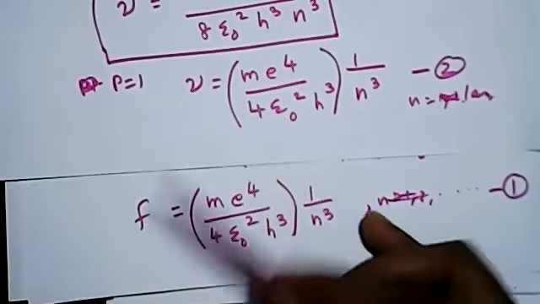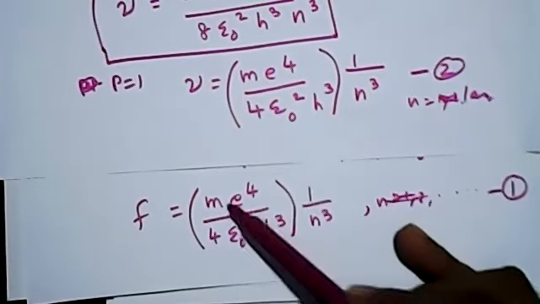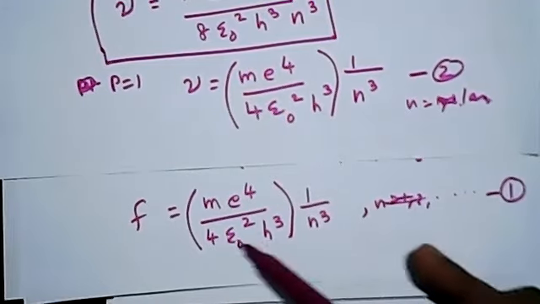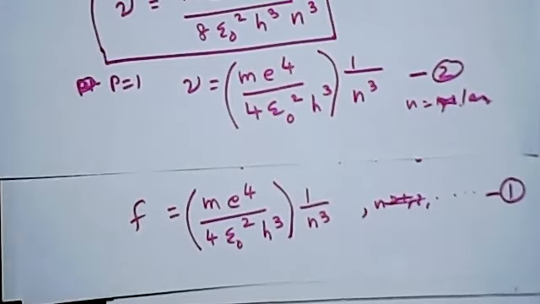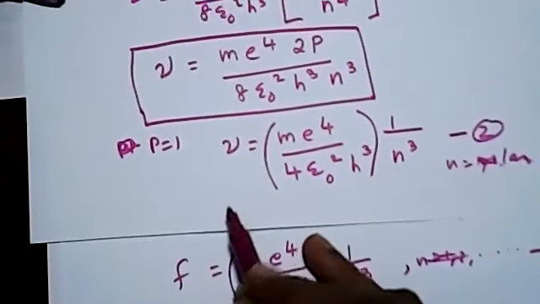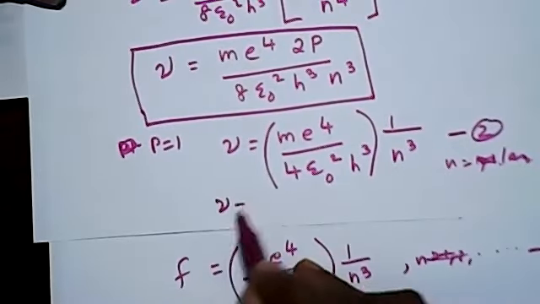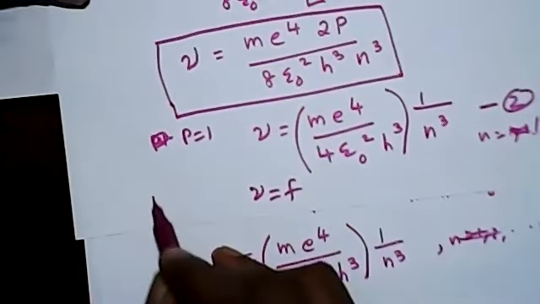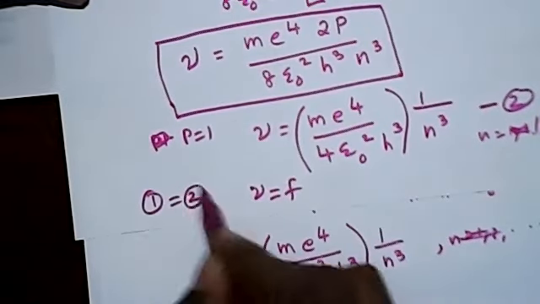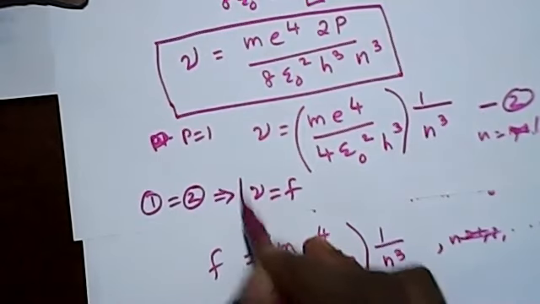So nu and f are same. M e to the power of 4, same. So at very large quantum numbers, what we obtained is nu equal to f, or equation number 1 equal to equation number 2.